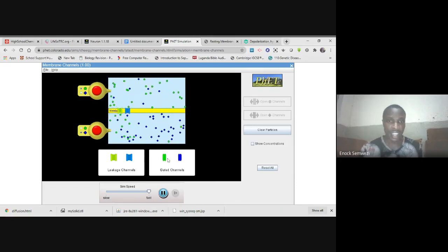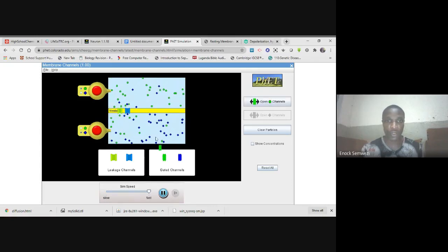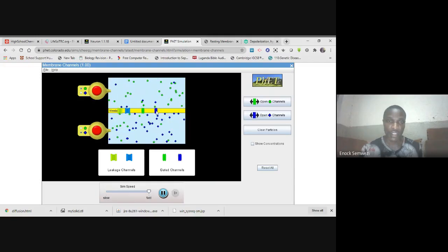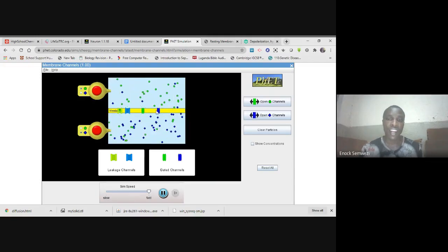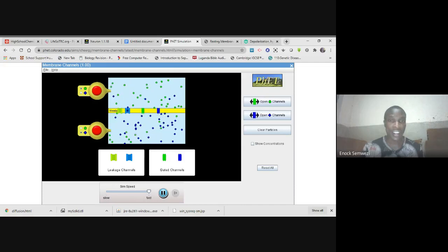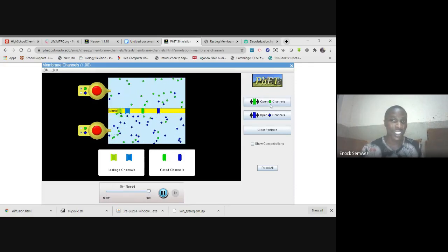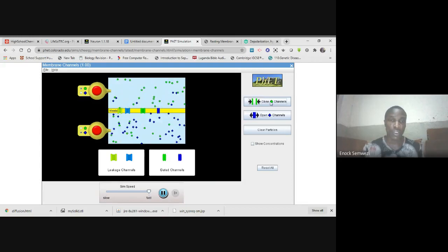Then let's see how the gated channel works. I'll place it there, and I'll place this one also there. When they are closed, no ion can go through them, and these are also specific in nature. Let me open the green one.